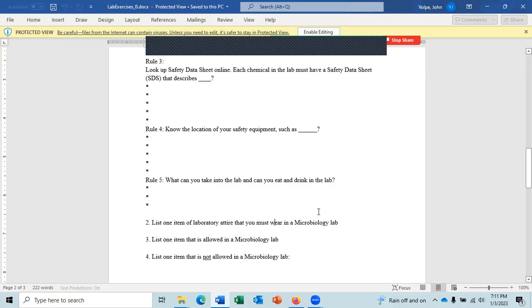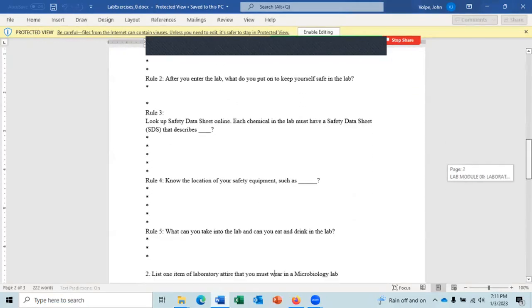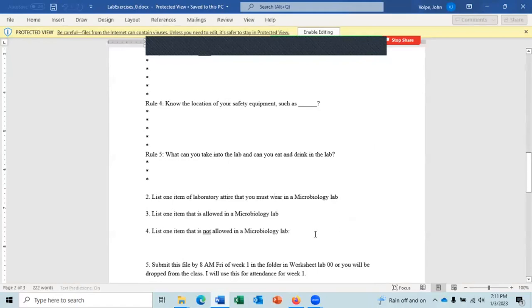And this one can be from either the same as rule 1 or rule 2. And then list one item that is not allowed in the lab. Phone. Yeah, you can't take the phone in the lab proper.